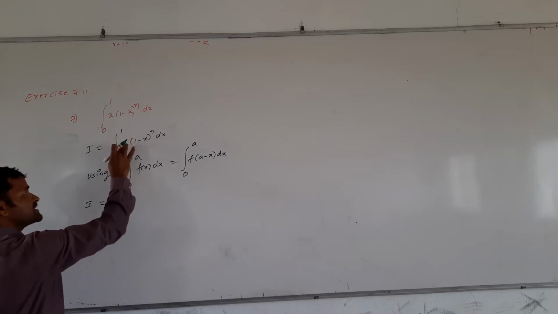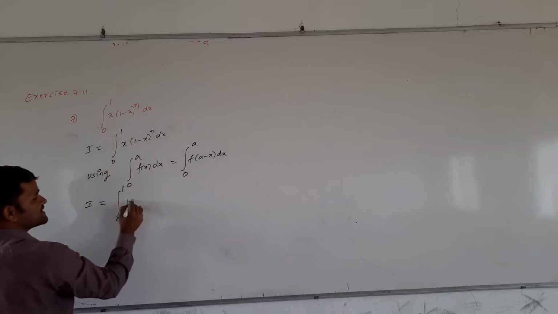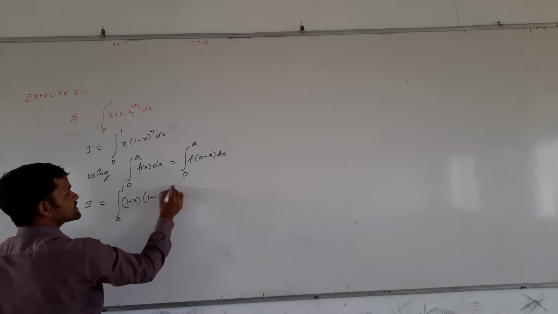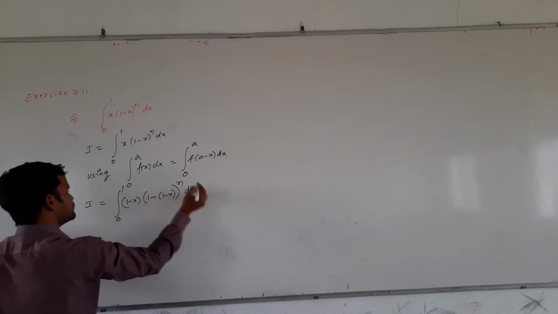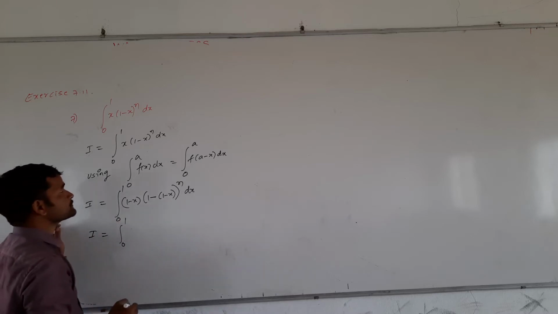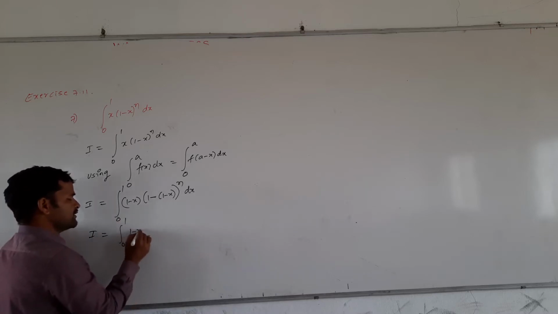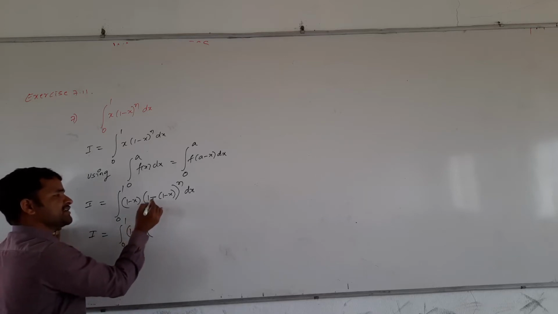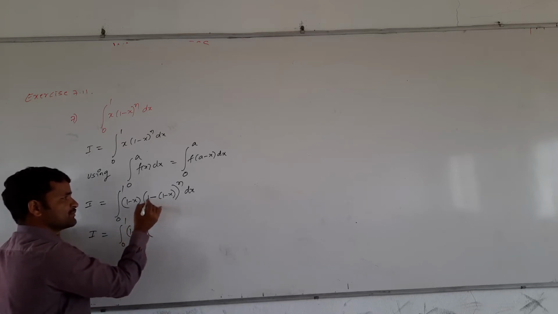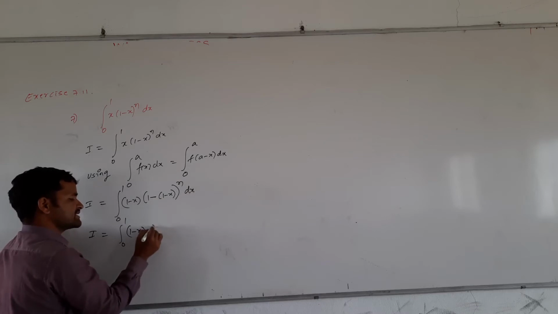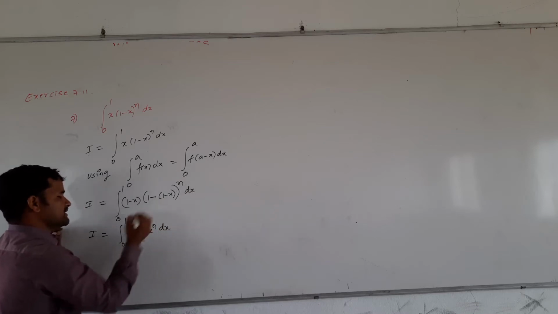Now here 1 is there, so x becomes 1 minus x. 1 minus of 1 minus x whole raised to n into dx. We have 1 minus x, and inside the bracket it becomes 1 minus 1 plus x. Plus 1 minus 1 gets cancelled out. We are left with only x there, with power n, x raised to n into dx.